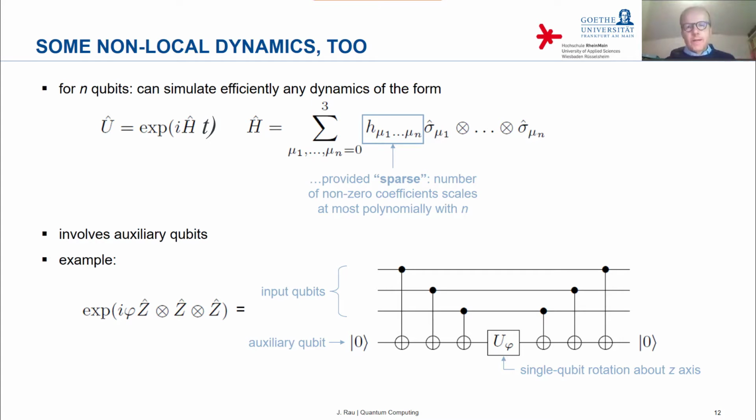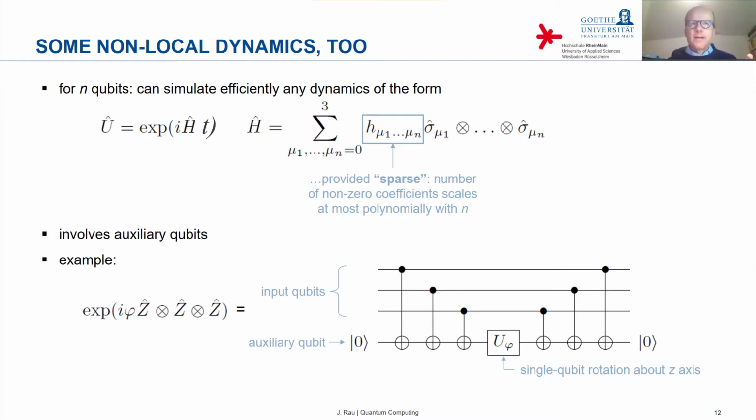So the exponential will give a phase factor e to the plus I phi times the basis state 0, 0, 0. And if instead you apply it to the basis state 1, 1, 1, then Pauli Z applied to basis state 1 is an eigenstate with eigenvalue -1.